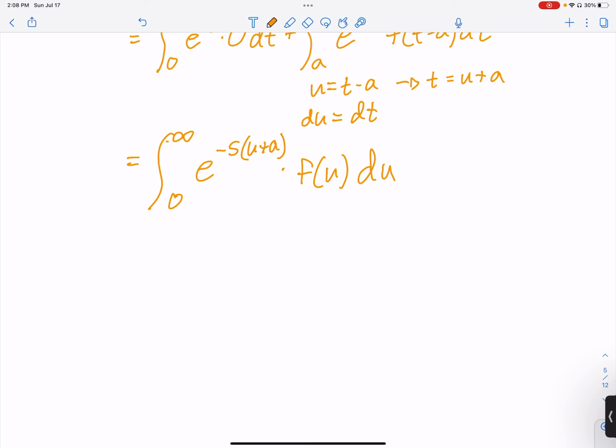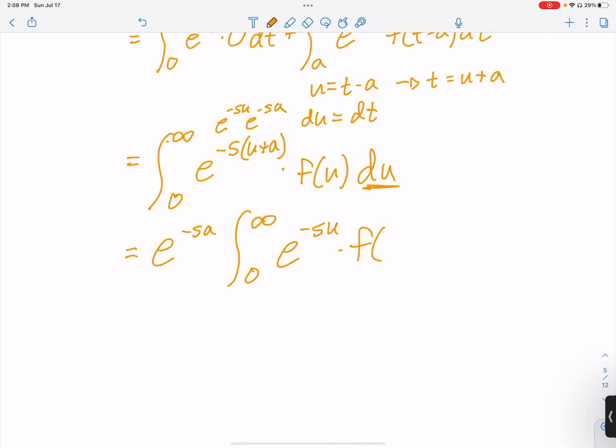Okay, we can break this up. This is with respect to u, so this e becomes e to the negative su, e to the negative sa. I can pull out e to the negative sa because it doesn't have any u's. So we get e to the negative su times f of u du. Okay, so this is e to the negative sa times, notice this is the Laplace of f.